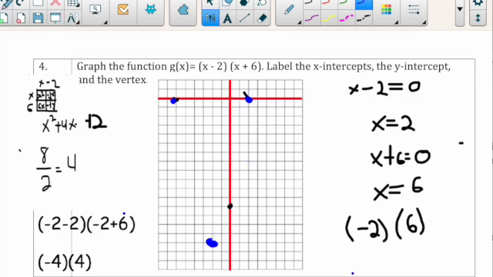It is really hard to draw a parabola with this. Okay, I'm going to put that arrow there.